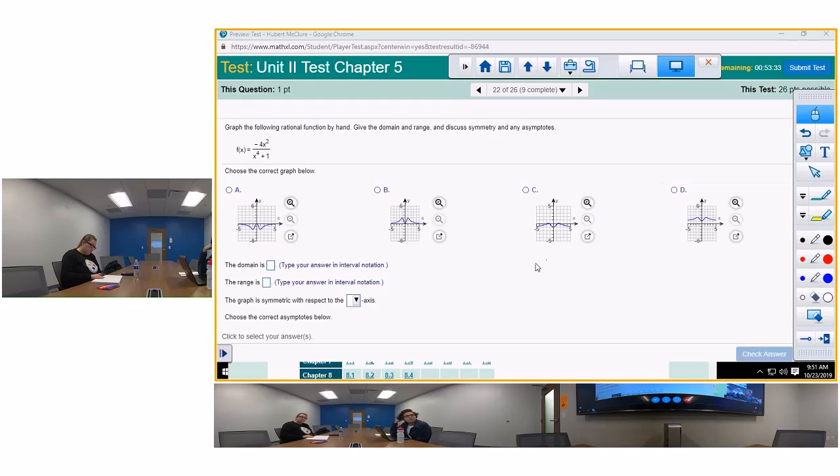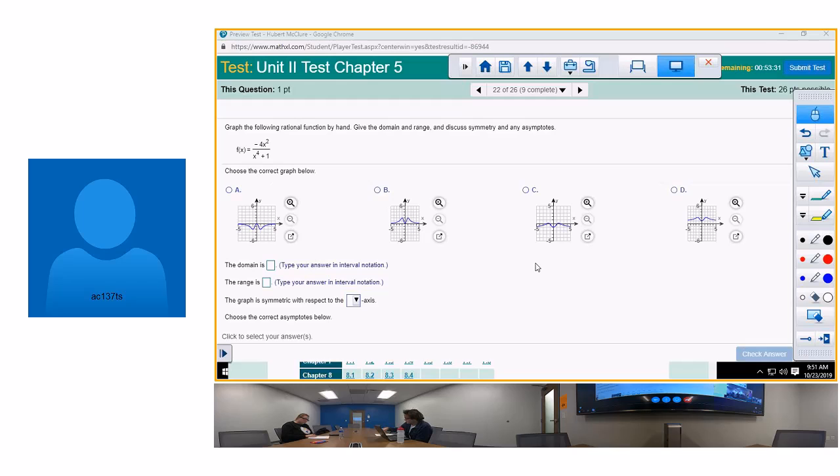Now this one, you need to use your calculator because you can't divide it. What do they ask for? Yeah, just graph it on your calculator. So go ahead and graph it and tell me which one it is. And it's symmetric around the what axis?